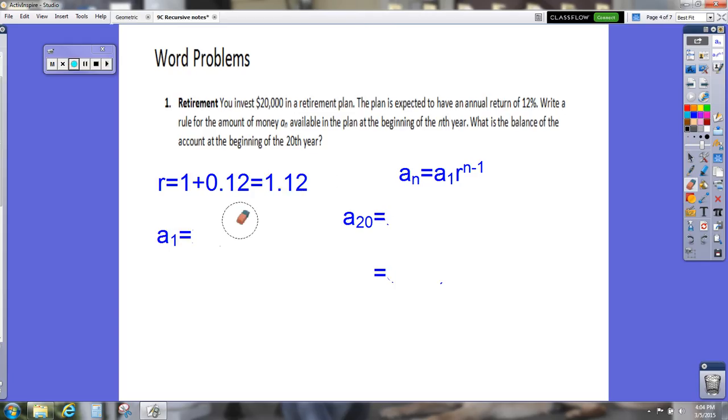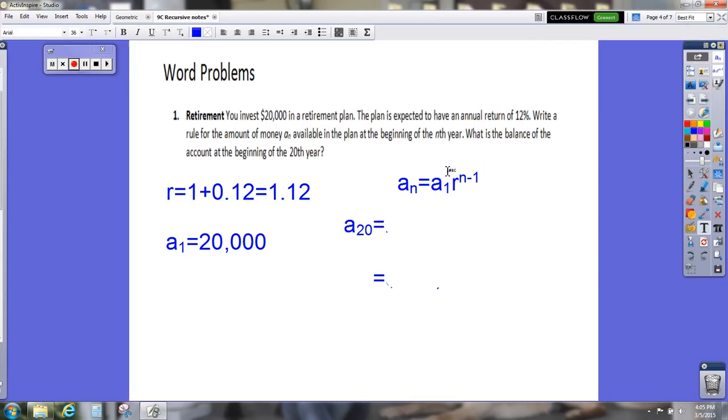My initial amount, my A sub 1, was $20,000. So our general rule is going to be my initial amount, $20,000, times my ratio of 1.12 to the n minus 1. So there's my general rule.